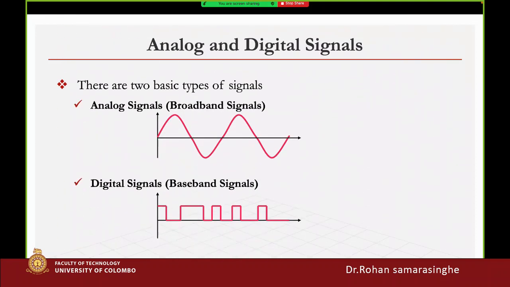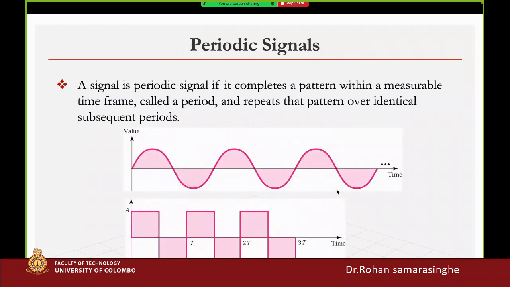So, analog and digital signals, you have heard these two words in your A-level classes. There are two basic types of signals. Analog signals are called broadband signals, right? And digital signals are baseband signals that you can see as pulses. Also, a signal is periodic if it completes patterns within a measurable time frame.